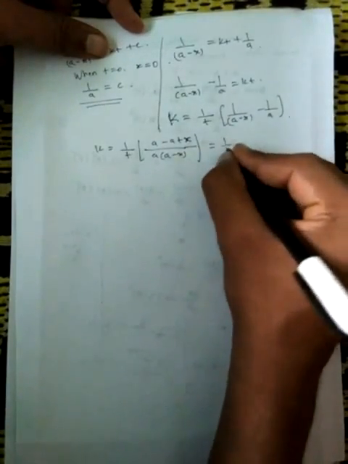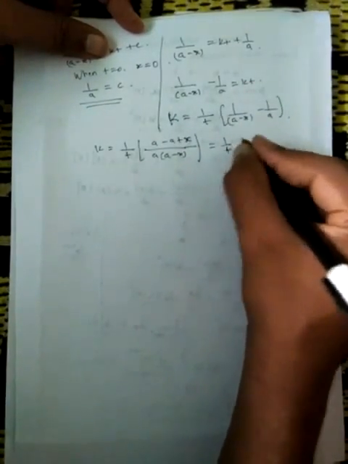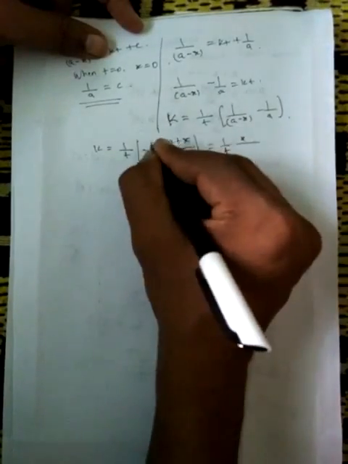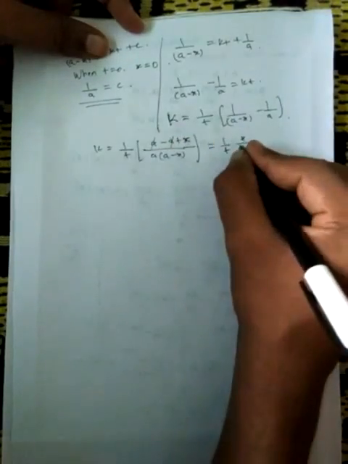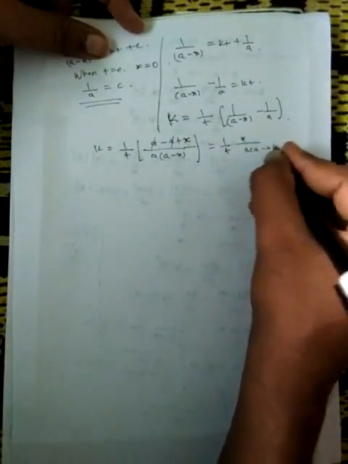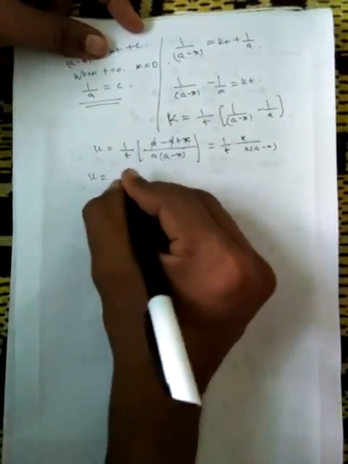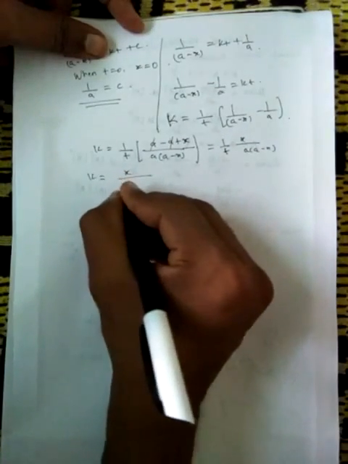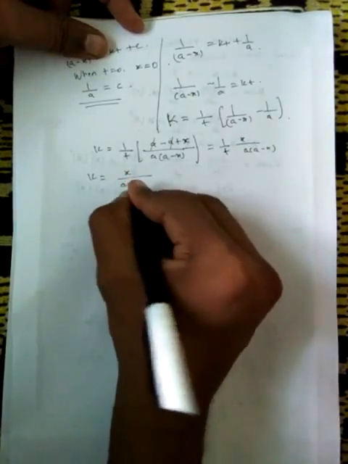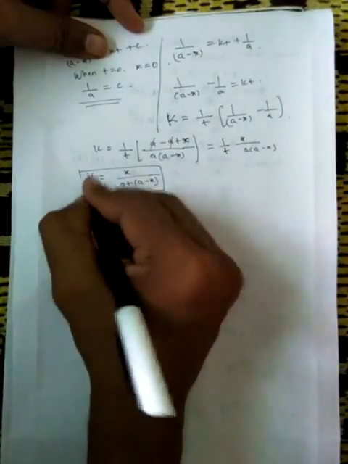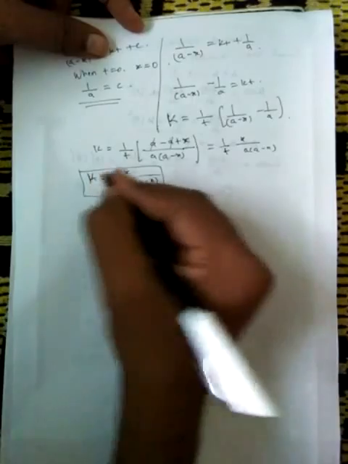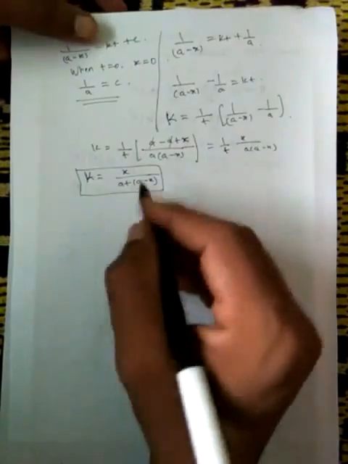This x a cancelled, a into (a minus x). So therefore k equals x by a t (a minus x), which is the rate constant equation for a second order reaction.